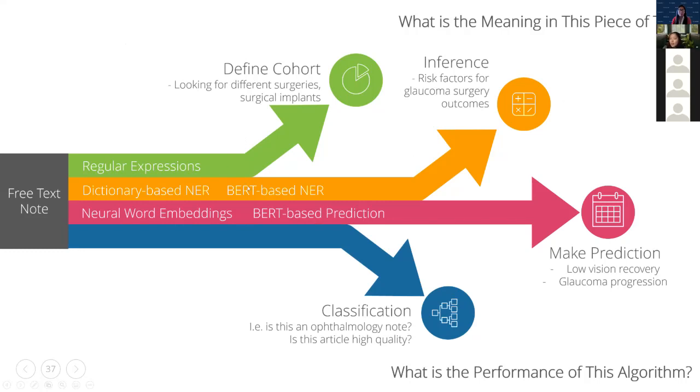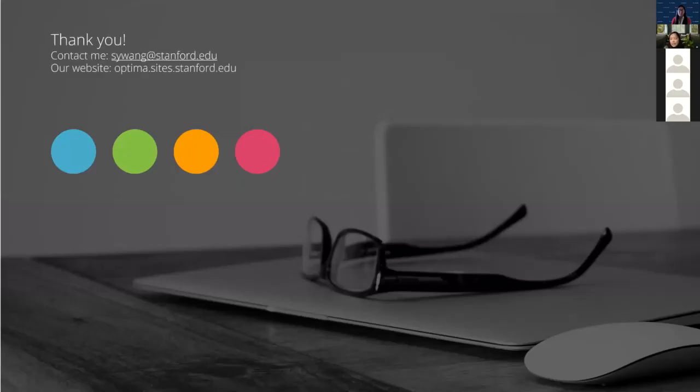We also talked a little bit about named entity recognition using BERT, which we could one day use to assist in any of these tasks. And we also covered examples of a few prediction algorithms, for example, predicting low vision prognosis. So that is the end of my quick whirlwind overview of natural language processing in ophthalmology, the work that we've been doing. So thanks so much for listening.